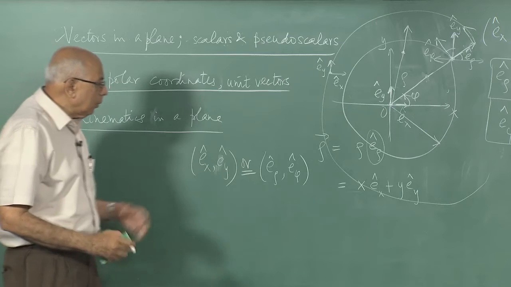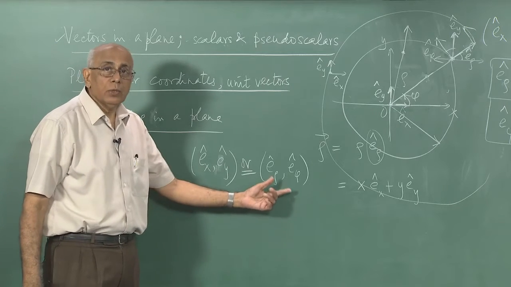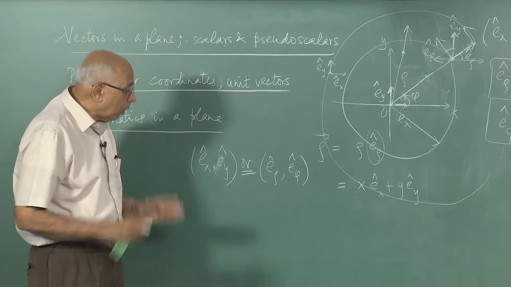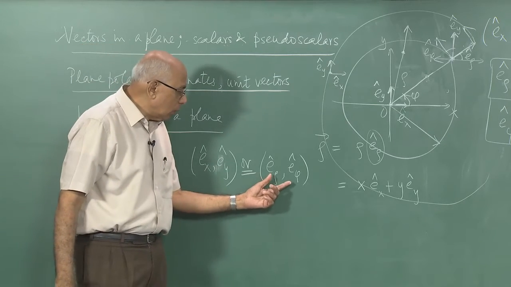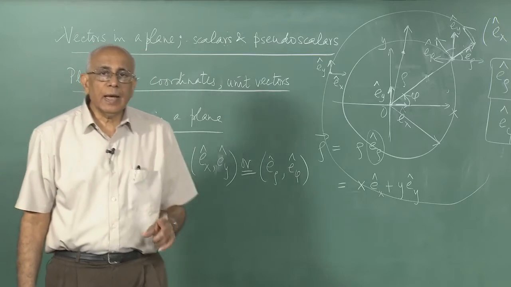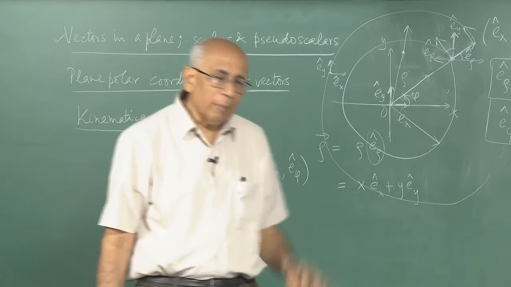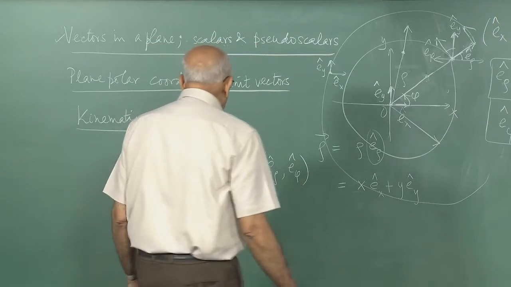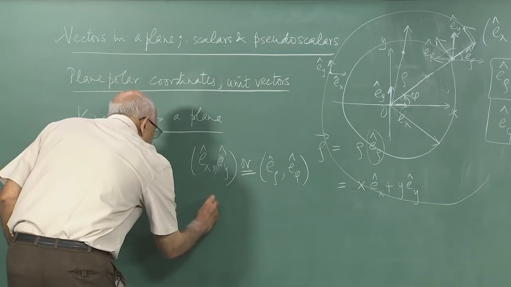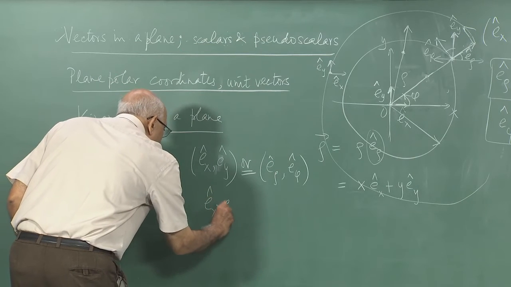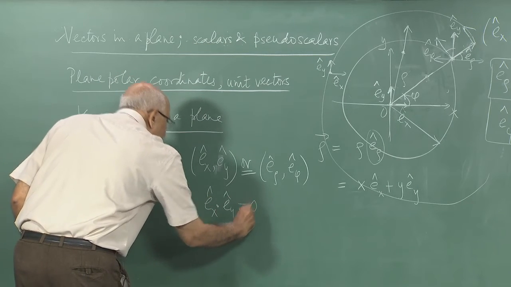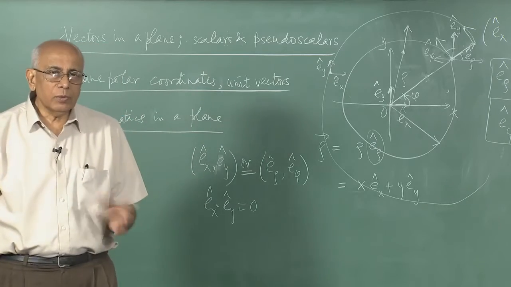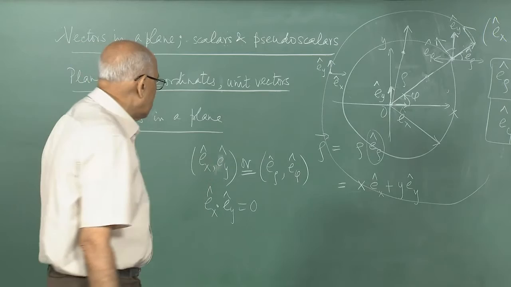When we work in plane polar coordinates, you should use these unit vectors, and in Cartesian coordinates you use those vectors, with the important difference that these two unit vectors will depend on the azimuthal angle. So they will depend on the location of the point in the plane, but they are unit vectors all the same. And just as we know that Ex dot Ey equals 0, because the cosine of the angle between them is cos pi over 2, which is 0, they are at right angles to each other.